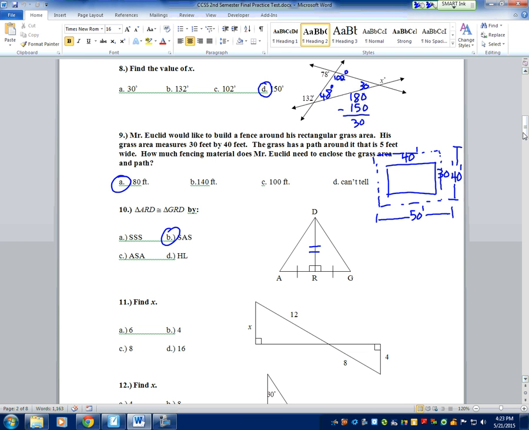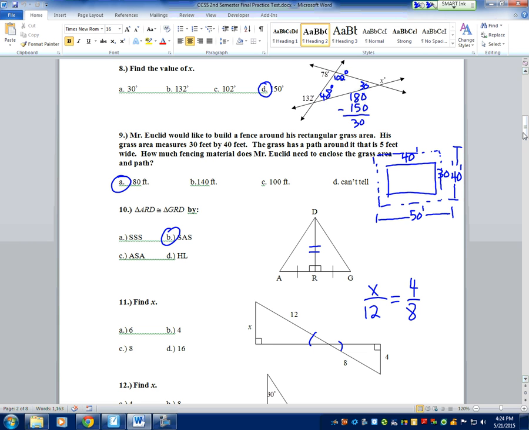All right, let's see here. This looks like they are similar triangles, and they are. They're similar by angle-angle similarity. The vertical angles are congruent, the right angles are congruent. If two angles in one triangle are congruent to two angles in another, they're similar. So I have x in the bigger triangle is to 12 in the bigger triangle as 4 is to 8.